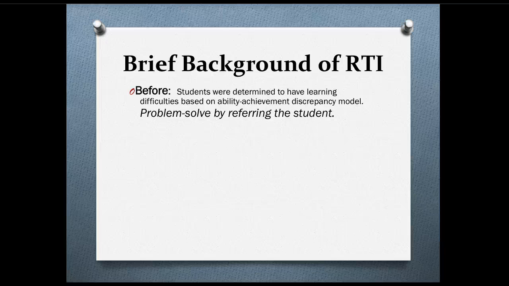Okay, so this is what the education system was doing before. Students were determined to have learning difficulties based on the ability-achievement discrepancy model, and the problem was solved by referring the students. There were many referrals when students were having difficulty, with little to no interventions in the classroom or any pullouts. So many students were getting referred to the special education system when the problem could have been solved in the classroom.